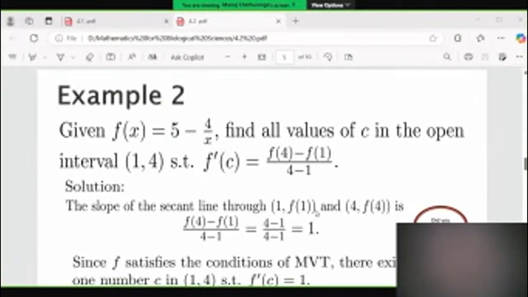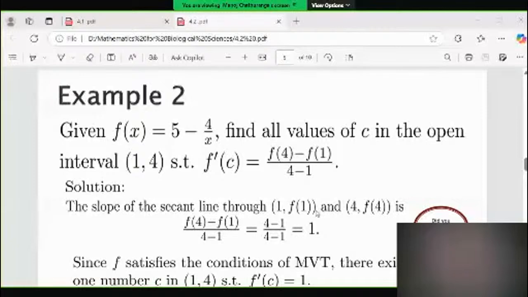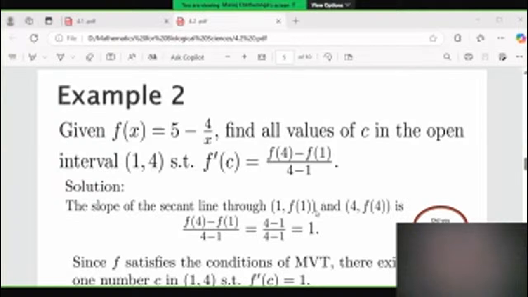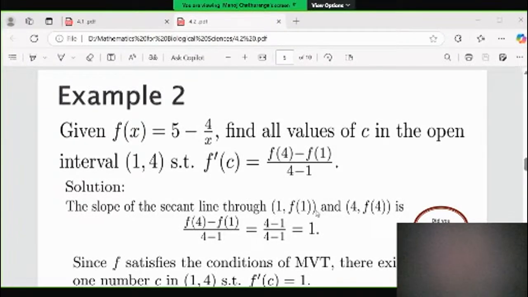Given f of x equals 5 minus 4 divided by x, find all the values of c in the open interval 1, 4 such that the derivative at c equals the slope of the line joining these endpoints.